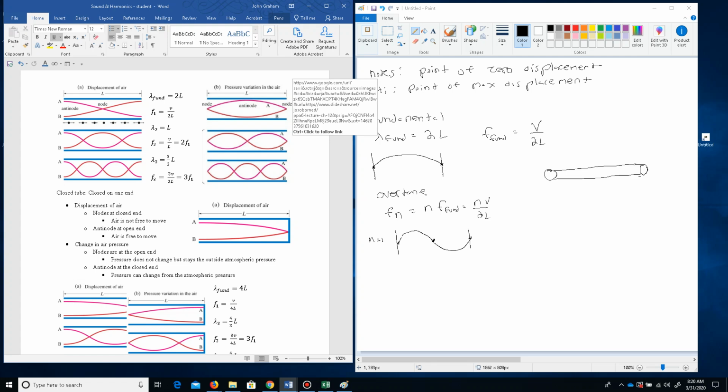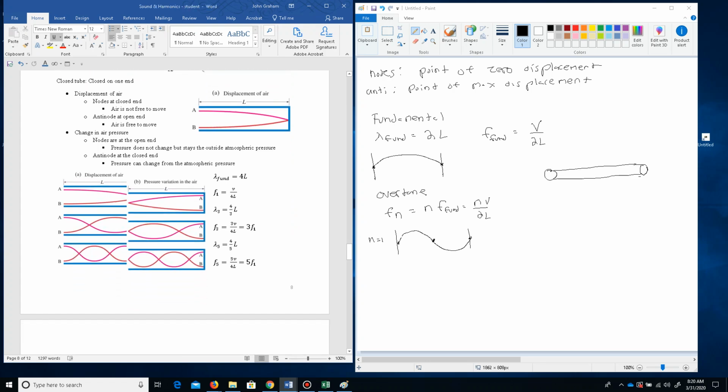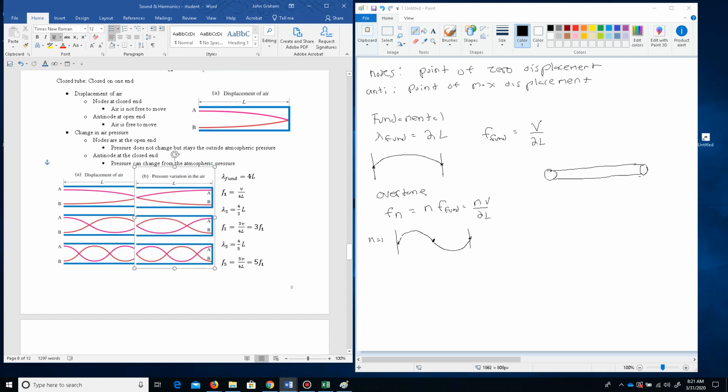Same thing here: instead of just 1 in the middle, we have 2 in the middle, and you get 1 whole wavelength and then a half a wavelength. It follows the same equations we had with the standing wave. Now, where things change, I'm going to make this adjustment a little bit so we can see it better.